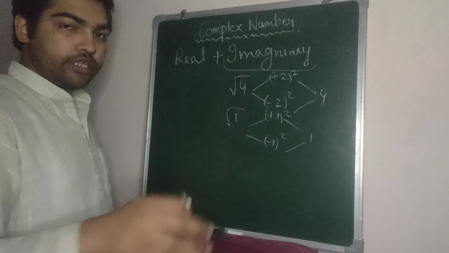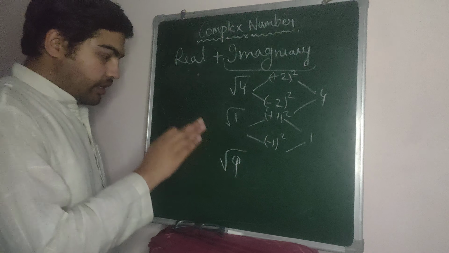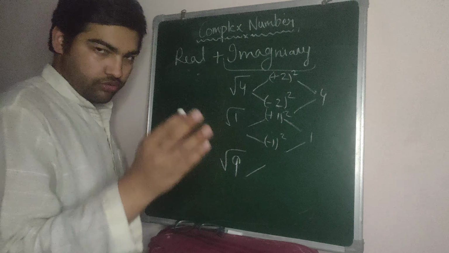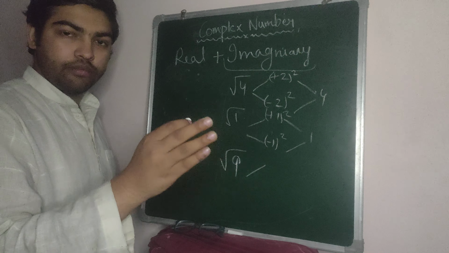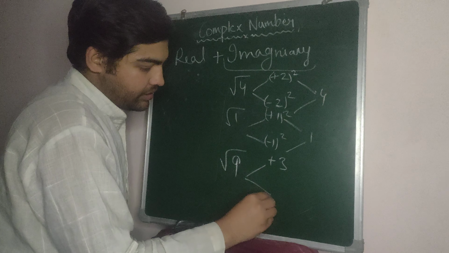Let us consider a third example, root 9. Root 9 gives us two values, one positive and one negative. We already know one is plus 3 and another is minus 3.